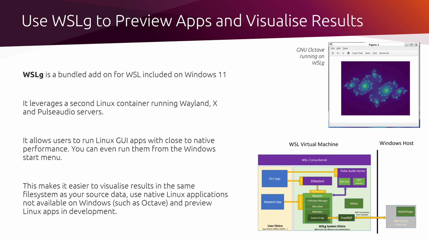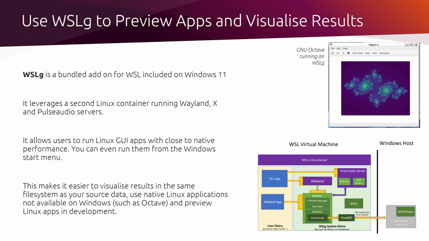So running command line applications is super, but sometimes you may also want to run graphical applications. So you can run a full shell if you're feeling brave, but sometimes you just want to see a visual output of your application. For example, in the screenshot, we see the output of Octave.